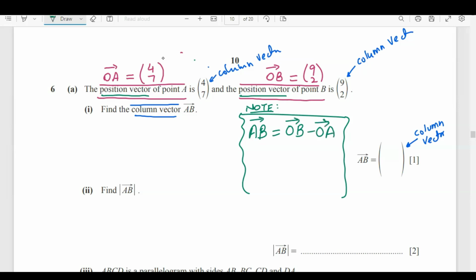So be careful, you have to learn and memorize this. I will upload a video for the concept of why we write AB equals OB minus OA. So now we write AB equals OB minus OA.